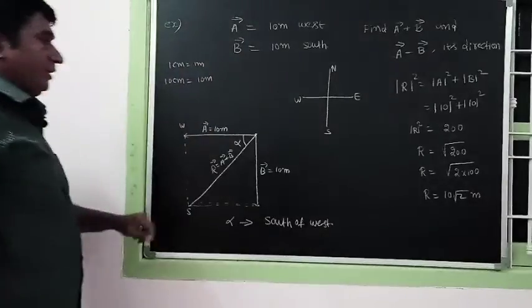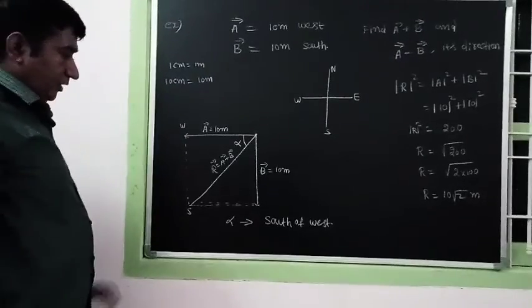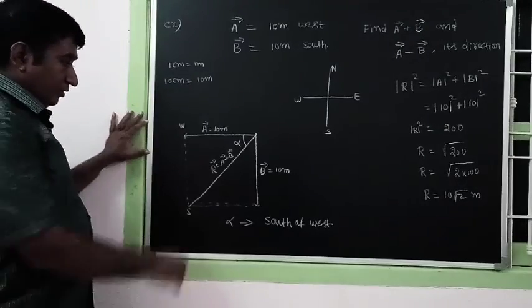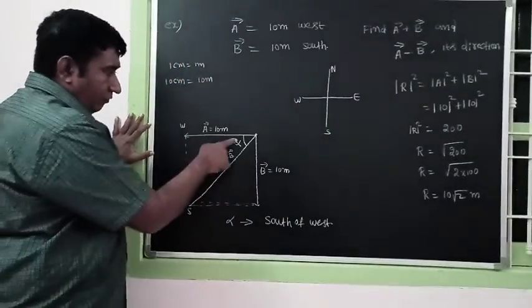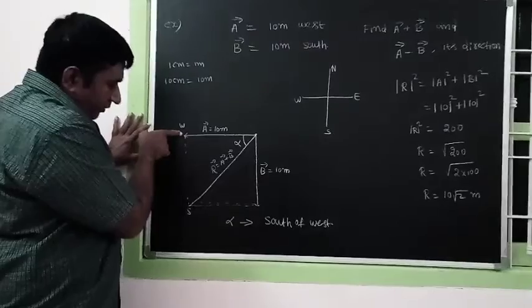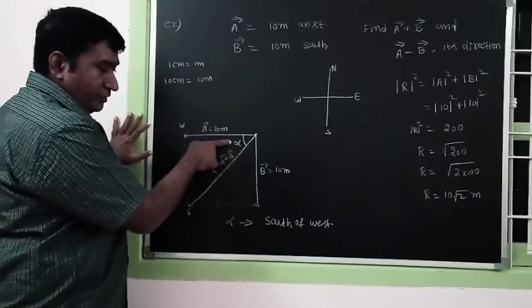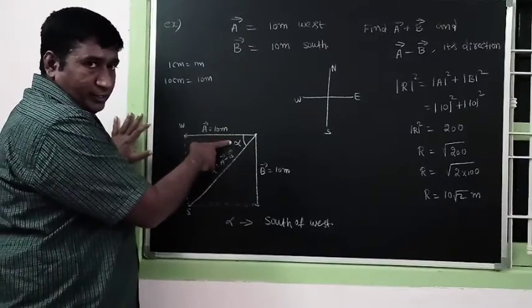Okay, it is clear. So the resultant is 10 root 2, and angle alpha, coming from west to south, we are taking with respect to horizontal.